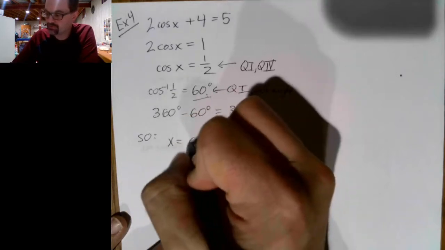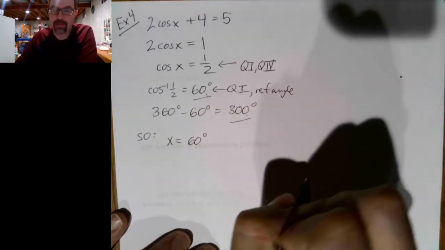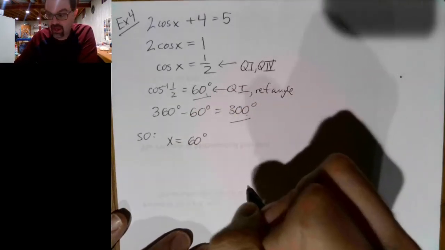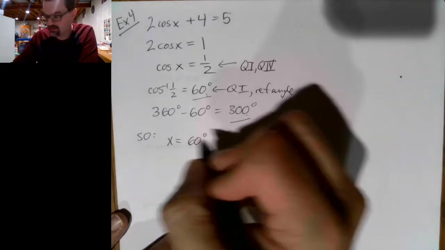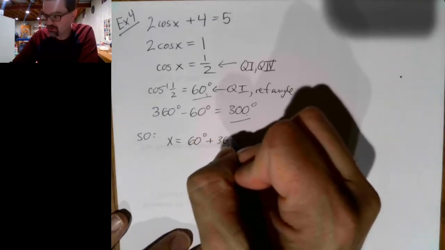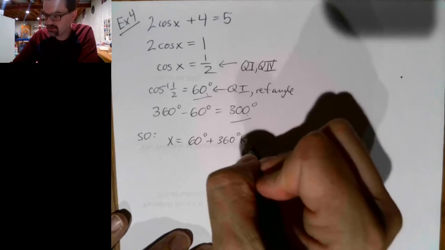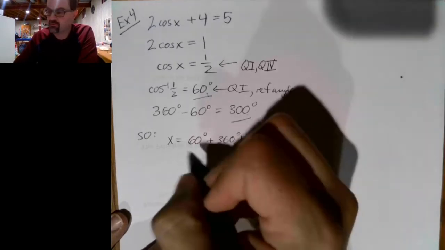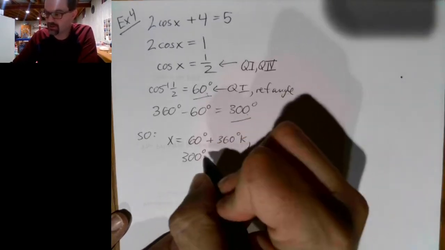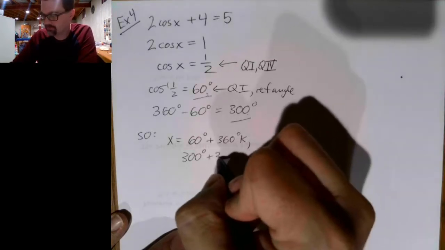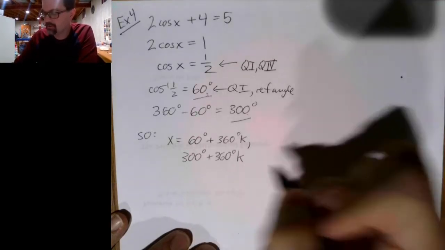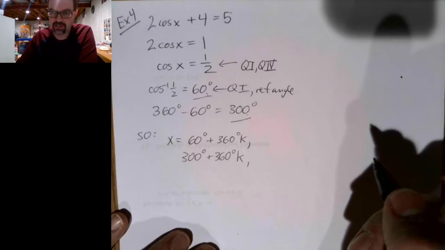X equals 60 degrees, and anything coterminal with that. And the easiest way to express that is to say plus 360 times k. But then also 300 degrees, and anything coterminal with that, which would be 360 times k.